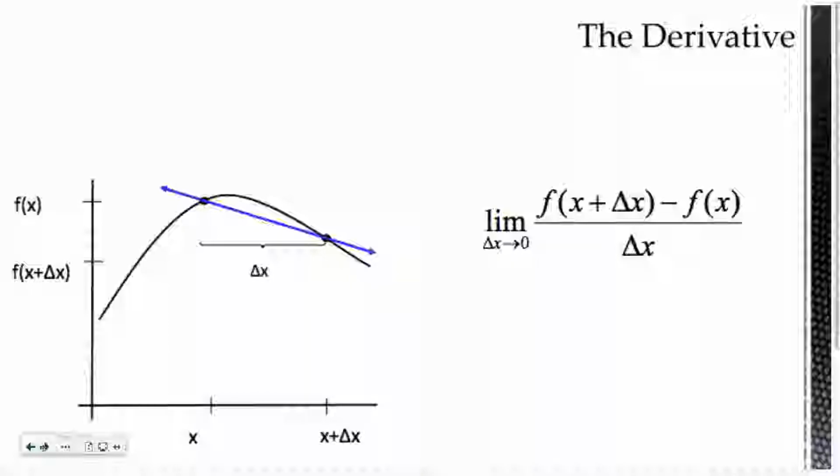This is the derivative. Go ahead and write it down and then I'm going to talk about it. It's essentially what I just went through, but it's formatted a little bit differently. After you write it down, I will describe to you how it's the same as what we just went through.